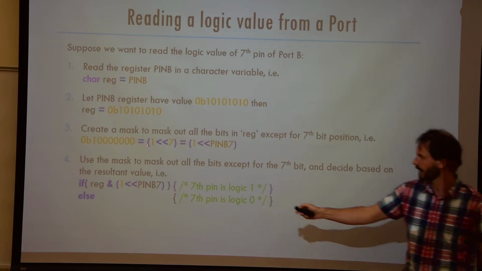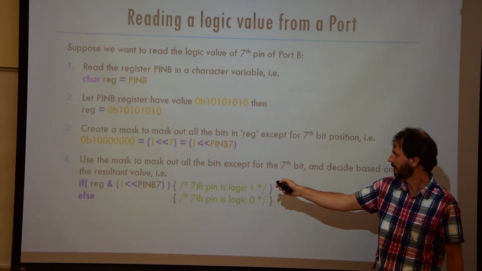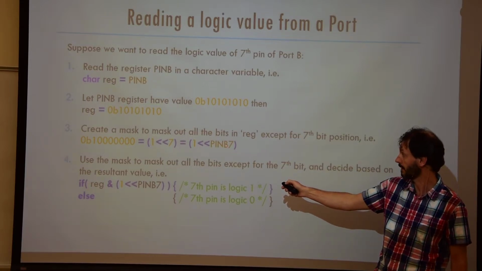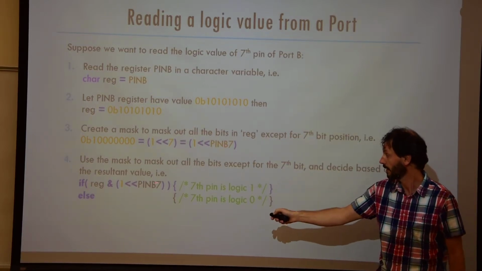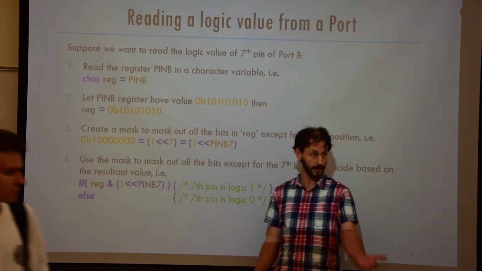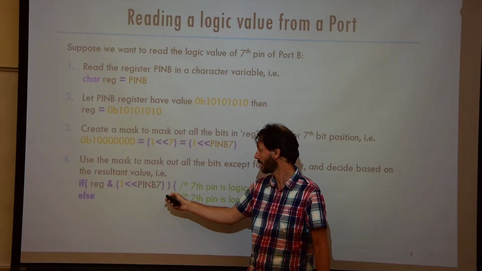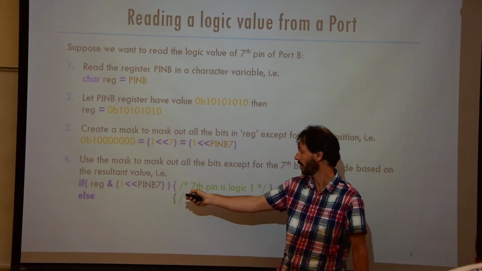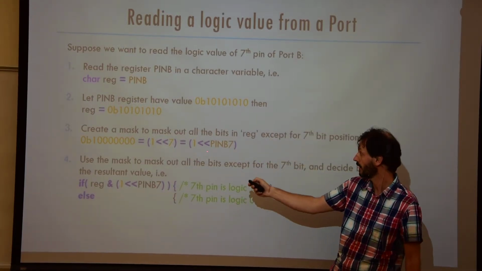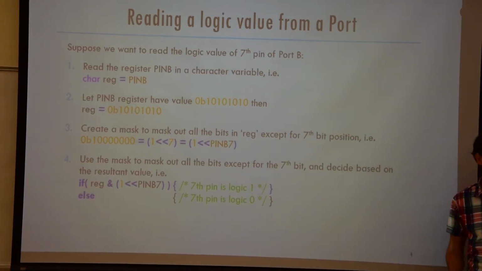Now we create a mask, for example the 7 bit, which 7 is a constant, we replace it by pin B7, and in this way we can write something like this in an if statement where we take the actual register and AND it with this particular mask, 1 left shifted over pin B7 positions, and that will teach us what that output pin actually has, the 7 pin.